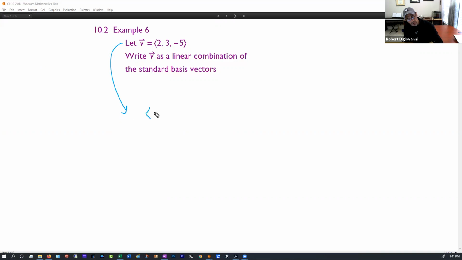If I take this vector 2, 3, -5, here's how I can write it using the standard basis vectors. So I'm in 3-dimensional space, so I need to use I hat, J hat, and K hat. So just tell me if you agree with this or not. First, I'm going to rewrite this like this. And you just say, yeah, that makes sense, or no, what are you doing?